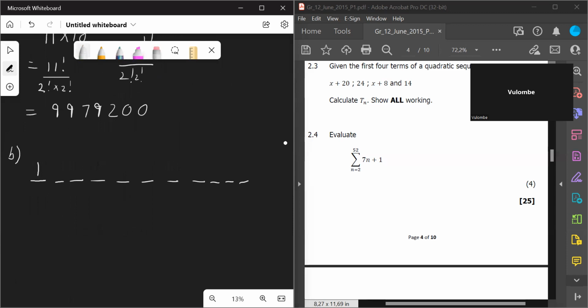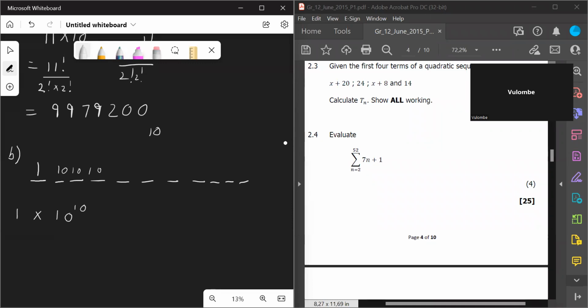So here, if it's allowed to repeat, we only have one choice for B, but now we have 10 letters left, and it's 10, 10, 10, 10. So we have 1 times 10 to the power 10. And they want the probability, right?